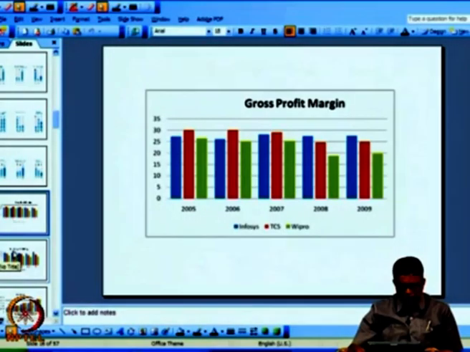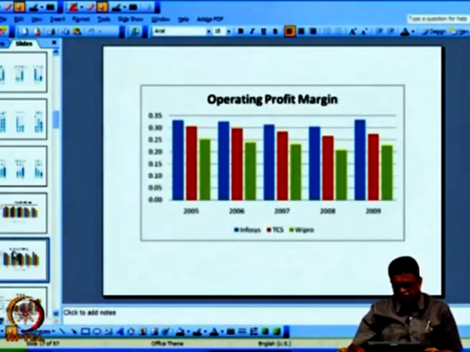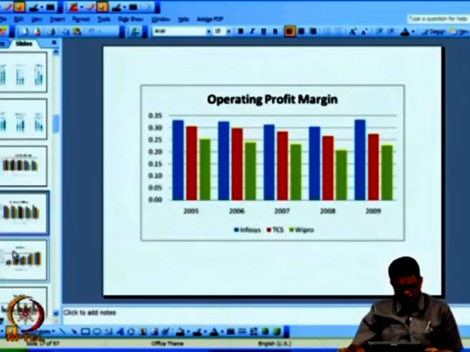This is the way one analyzes. Similarly, if you look at operating profit, the operating profit of Infosys is always higher compared to TCS and Wipro, whether it was 2005, 6, 7, 8 or 9. Now, what does that mean?